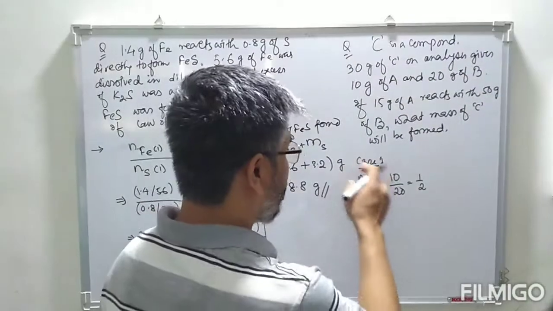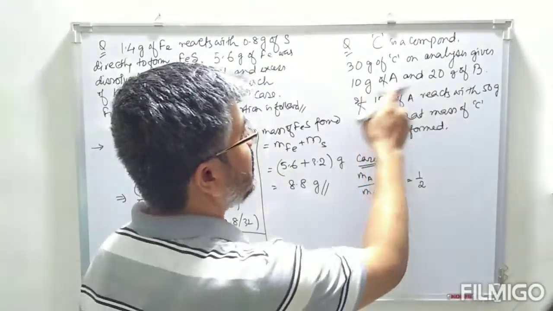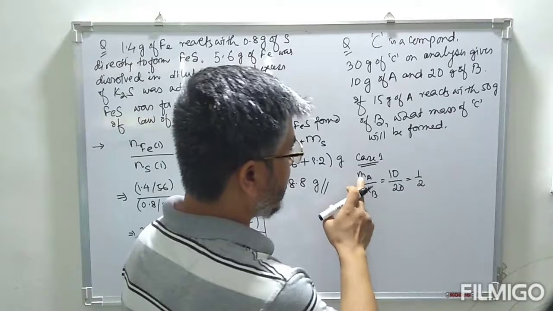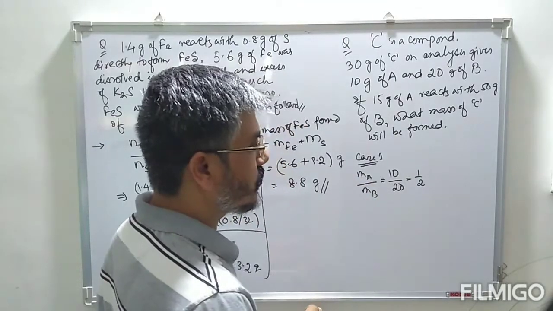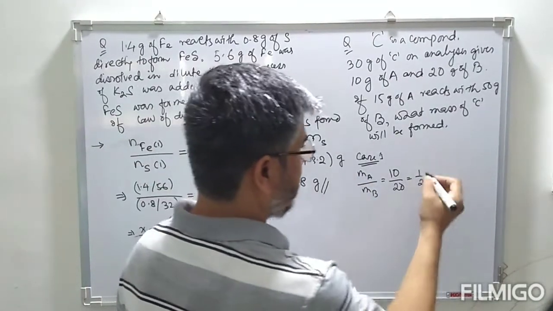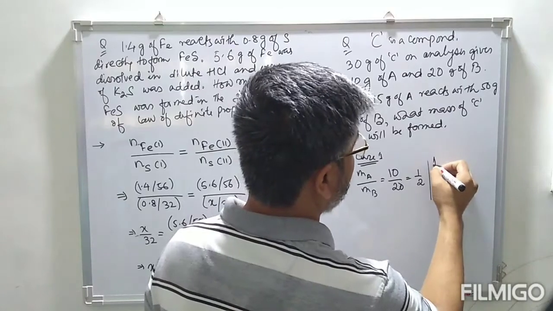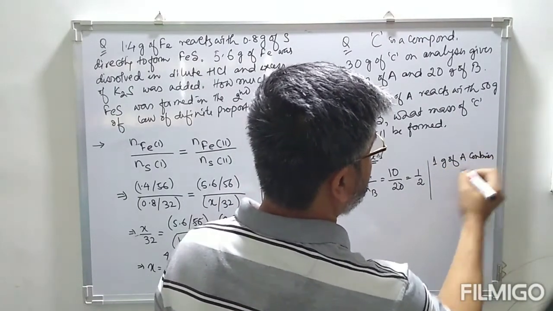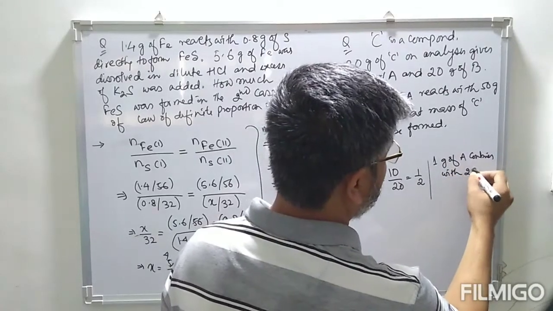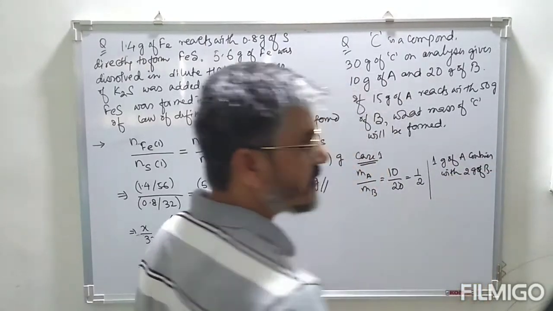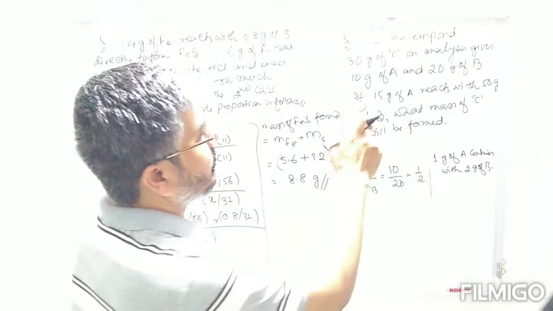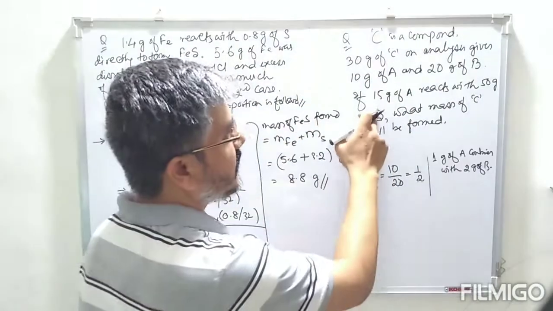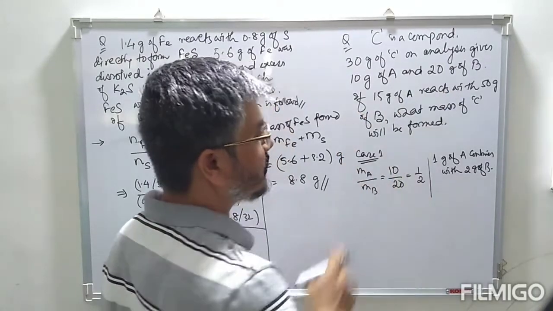Now the same mass ratio must also be followed in the second case. That means 1 gram of A will always combine with 2 gram of B. So in the second case, you have 15 gram of A reacting with 50 gram of B. So 15 gram will require how many grams of B?